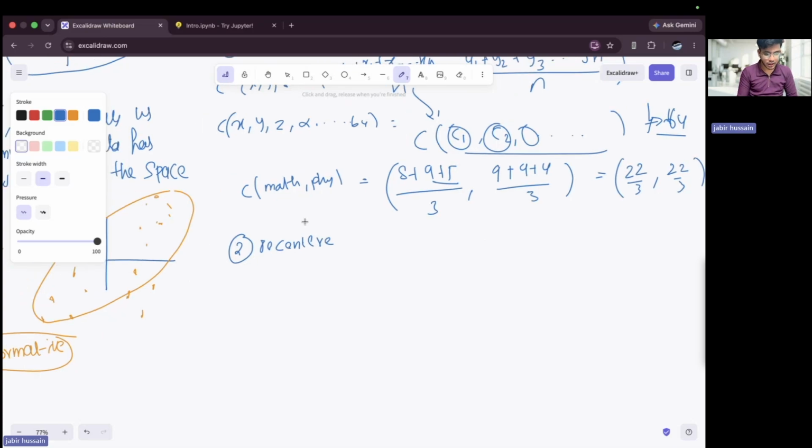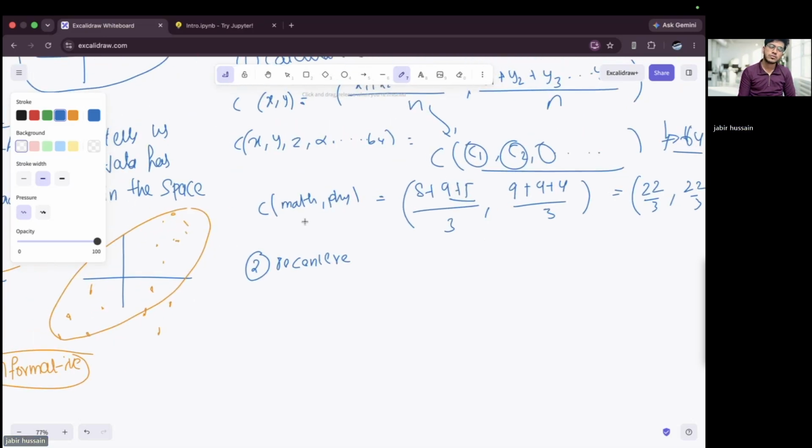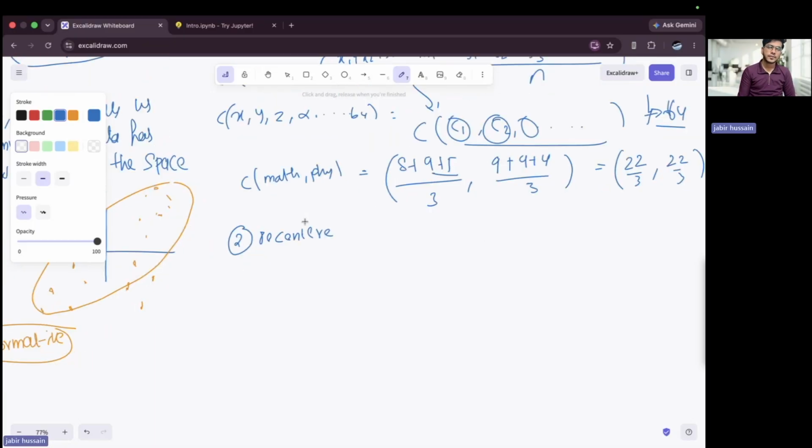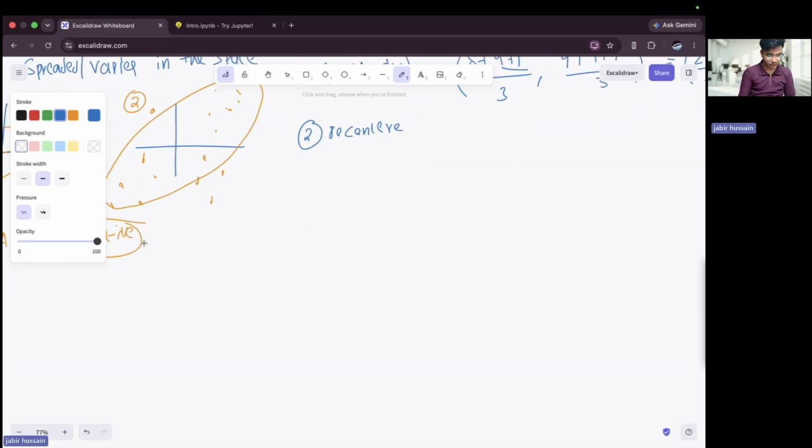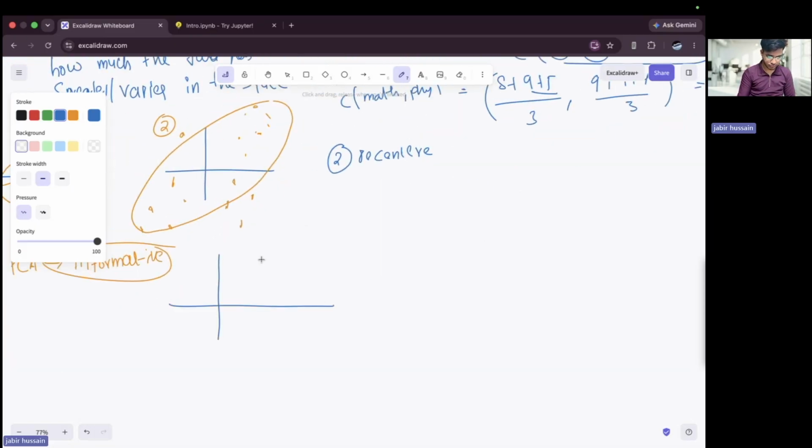If you remember, I have told you that I have the data, whatever the data provided, and from these data points, I got a center here, right? Now, if you see from the origin, this point has a high value, this point also has some high value, this point has some high value.